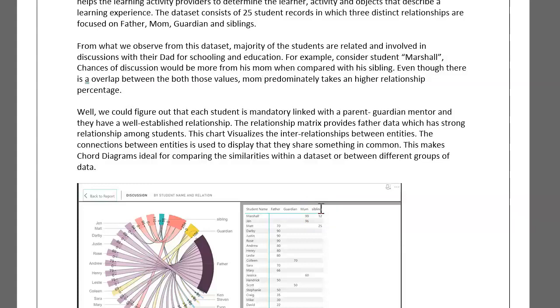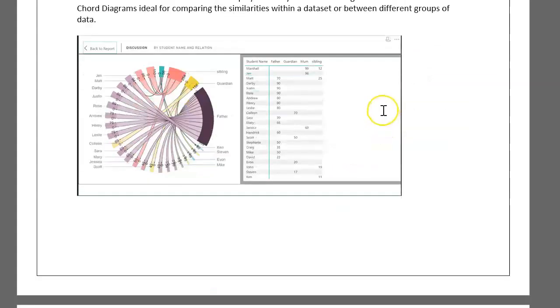So mom predominantly takes a much higher relationship percentage, and this chord graph is useful to determine the percentage split, basically the strength of a relationship. We can determine the strength of a relationship using this chord graph.